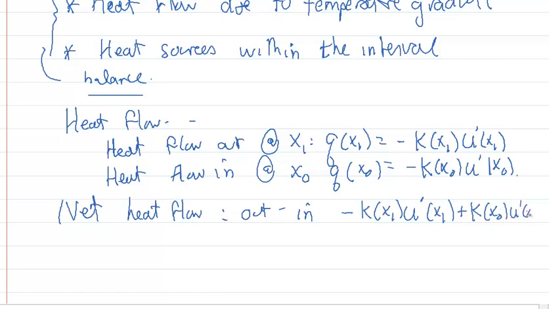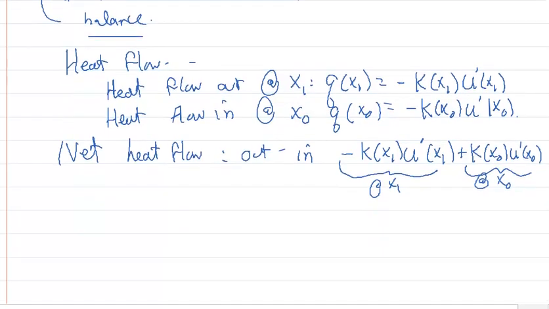All right, now, there's a convenient way to represent this. This is the value of a function at x1, subtracting the value of the same function evaluated at x0. So this is at x1, and this is at x0.